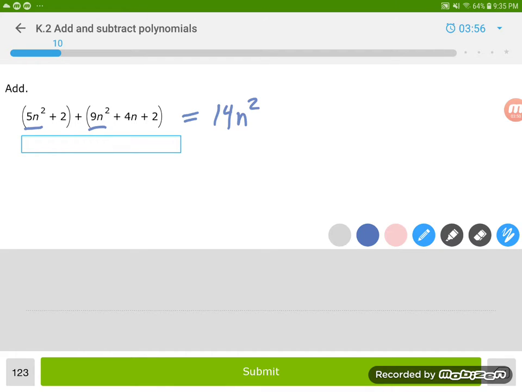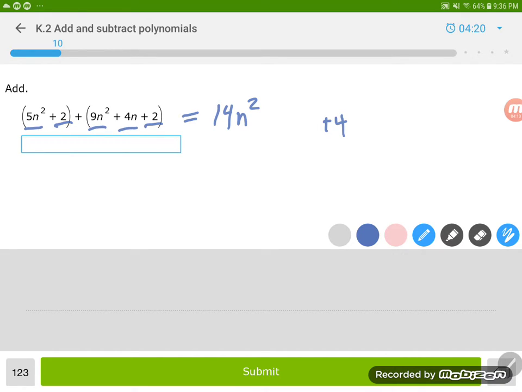Okay, so likewise, we can identify that we have just a number with no variable, a 2 and a 2. So 2 plus 2 is going to be 4. I'll add this to the end because I notice I have an n term which can fit nicely in the middle, and I prefer to keep my polynomials ordered by degree. So we're then going to have one term left over, a 4n.